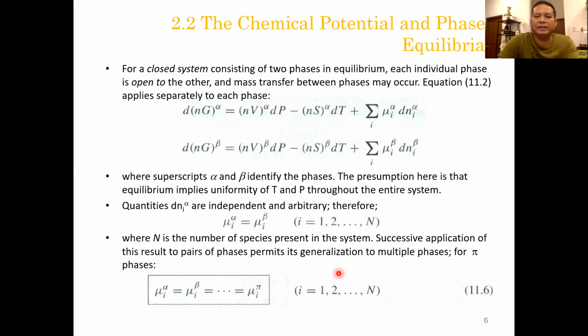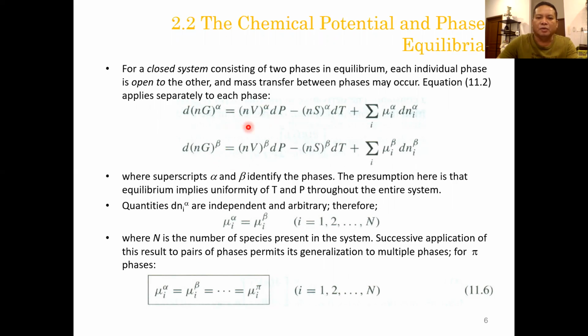Okay, for two-phase fluids, we can denote them as alpha and beta. Either one can be vapor or the other can be liquid, but it doesn't really matter. So we just assume them to be alpha and beta to indicate that there are two phases.